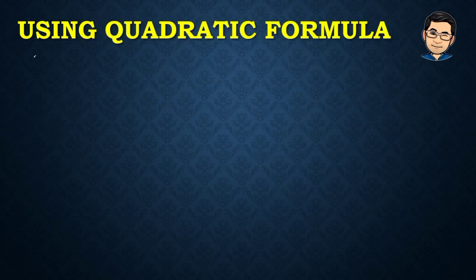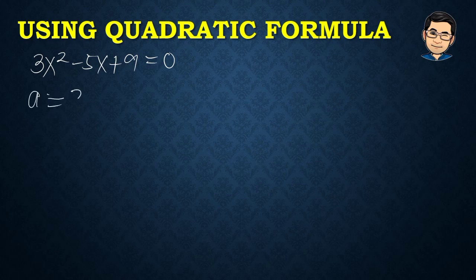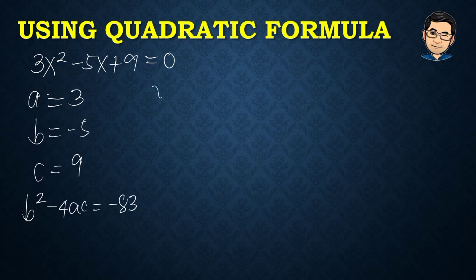To check, ayan, rewrite the given equation, and then value of a is 3, b is negative 5, c is equal to 9, and then the discriminant, b squared minus 4ac, that is negative 83. And then we apply the quadratic formula, negative b plus minus the square root of b squared minus 4ac all over 2a.